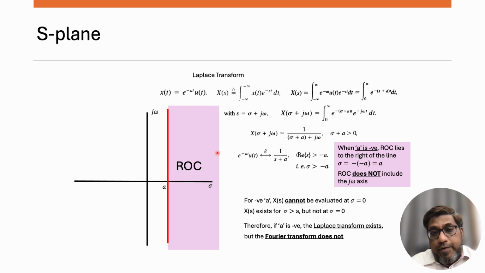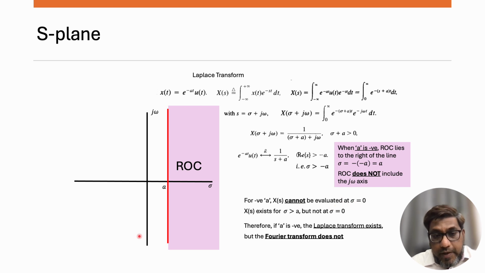So therefore, what we notice now in this case is, for this particular signal e power minus at, when the exponent a is negative, the region of convergence does not include the j omega axis. So that means because the region of convergence does not include the j omega axis, the Laplace transform cannot be evaluated at sigma equal to 0.